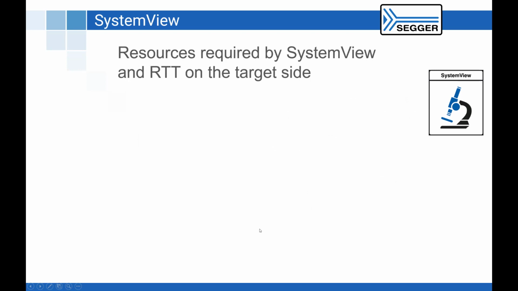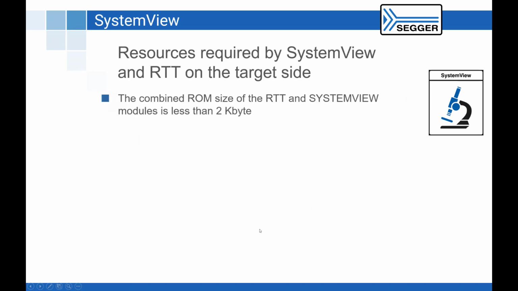You might ask, what kind of resources is that taking up on my target side? Again, we try to keep that to a minimum. The amount of flash or ROM that's required for RTT and SystemView is actually less than 2 kilobytes, so it's not a lot of code space.